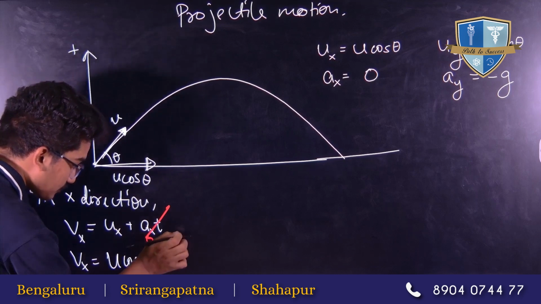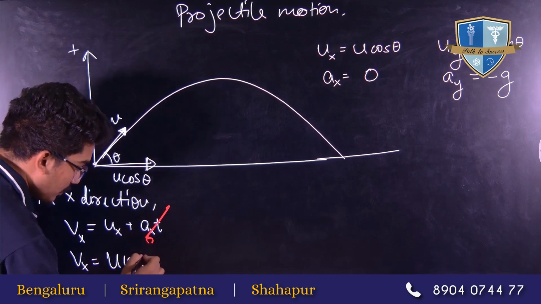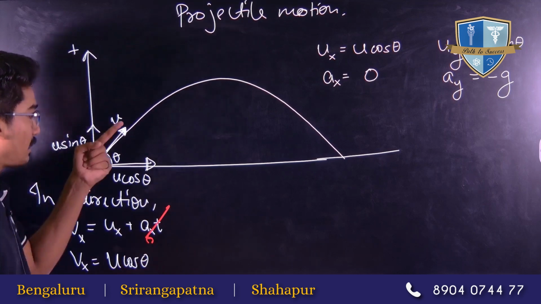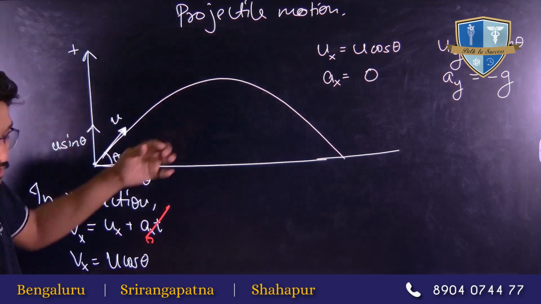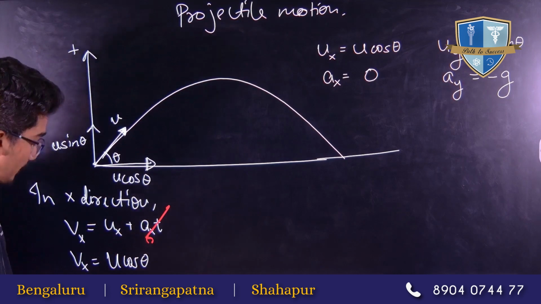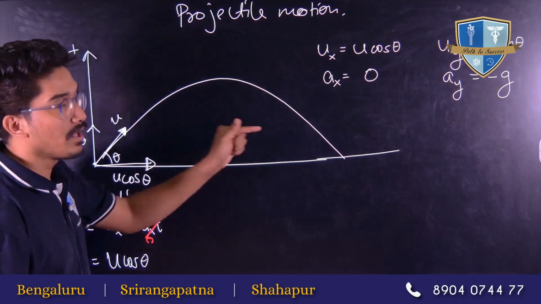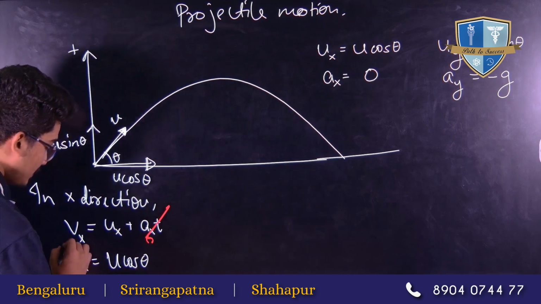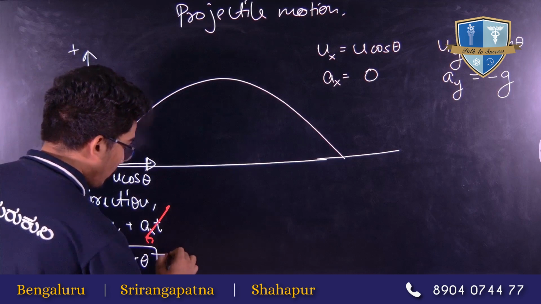And if you see, we are giving initial velocity at an angle theta. So for a particular projectile, this thing will not change, meaning final velocity in x direction will remain constant. This is constant for a particular projectile.